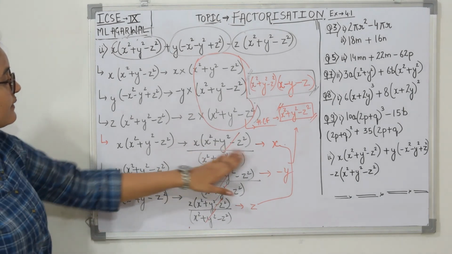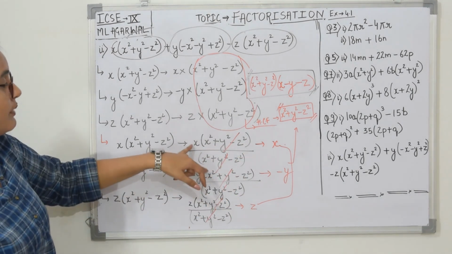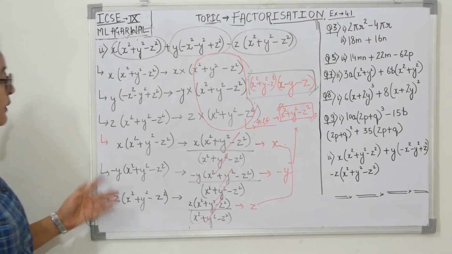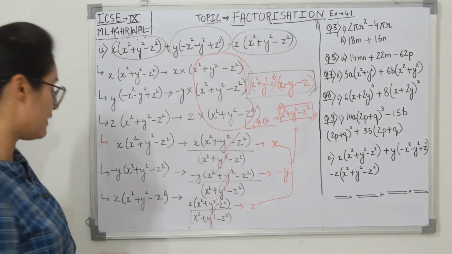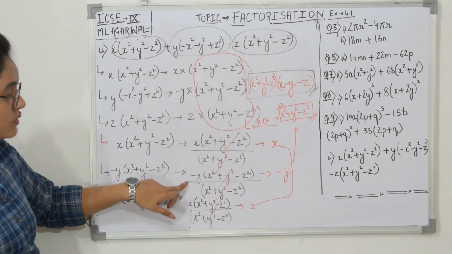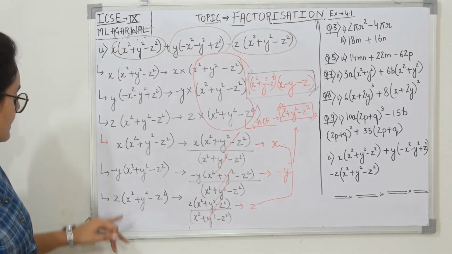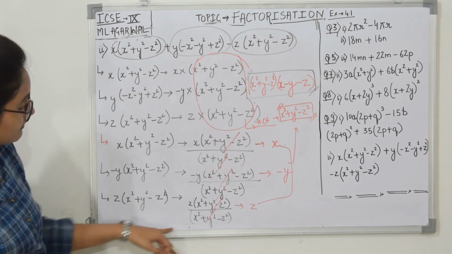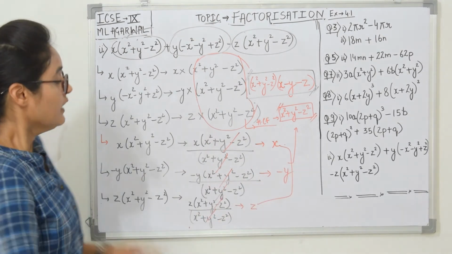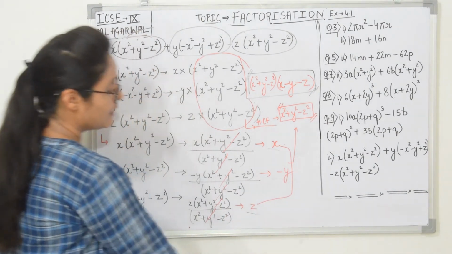In your first term you will be left with x only, since this whole term is cancelled out because the numerator and denominator have the same thing. Minus y we have taken out common, so minus y will be left, and z, this whole term you are going to cancel out as it is. So the remainder you are left with is x minus y minus z.